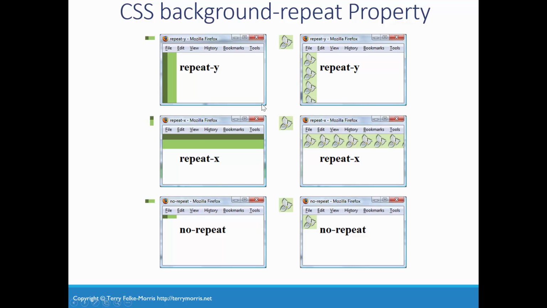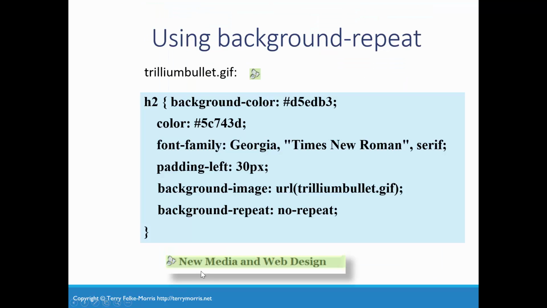So as shown right here, we can tell it to repeat. The default is repeat, which means keep showing it. But I can have it repeat Y, or I can have it repeat X. All right, let's just try to repeat Y just to see what it looks like.